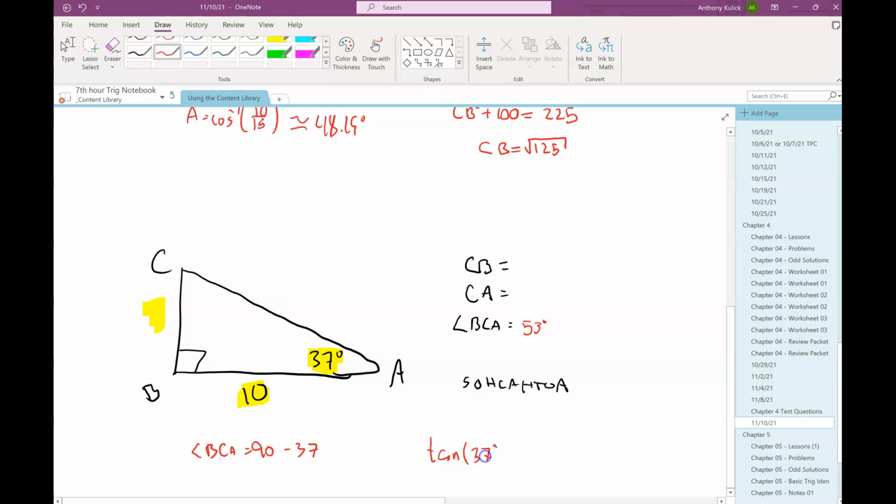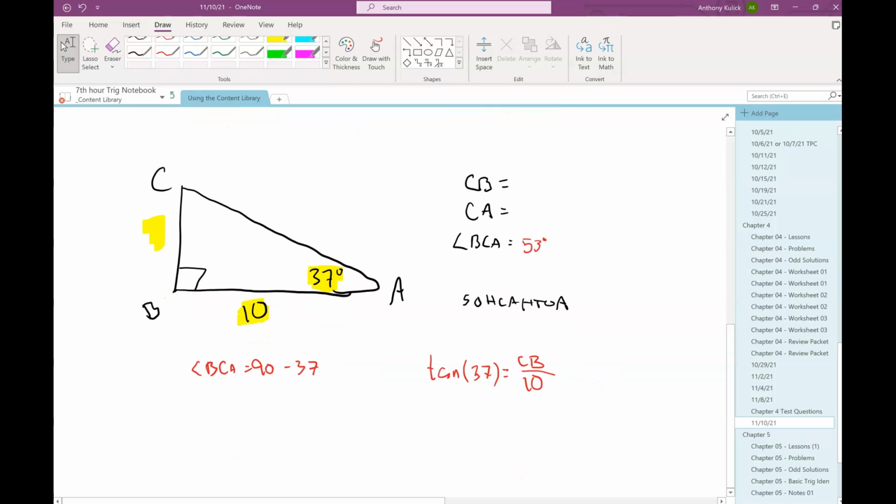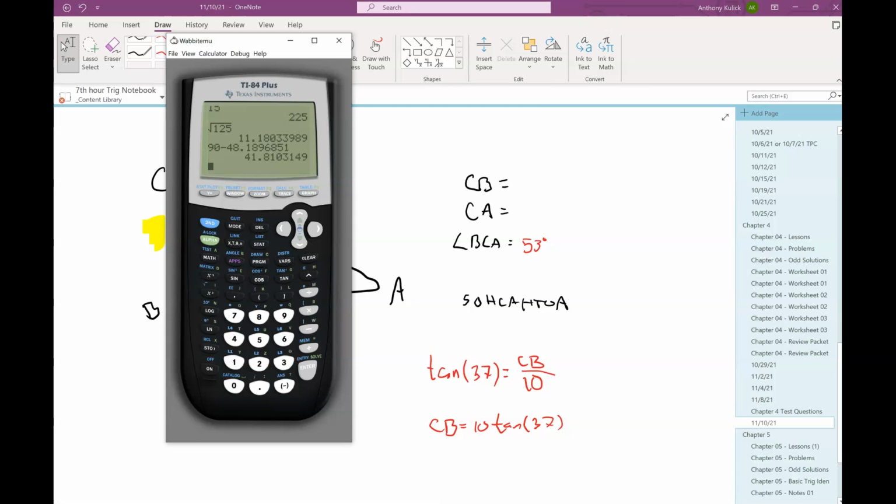So I'd say tan 37 equals opposite over adjacent. To solve for CB, I'll multiply both sides by 10. And then I'm just going to type that into my calculator. So I get 7.54.